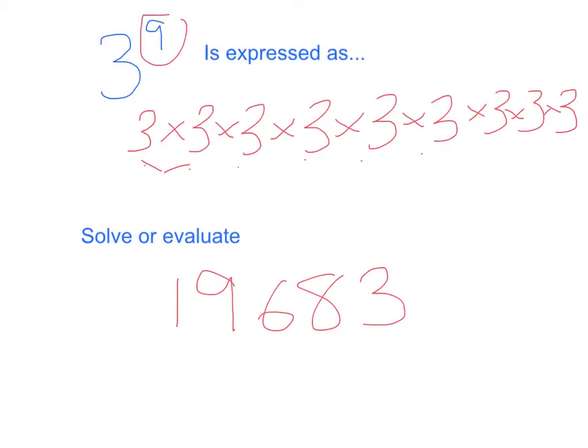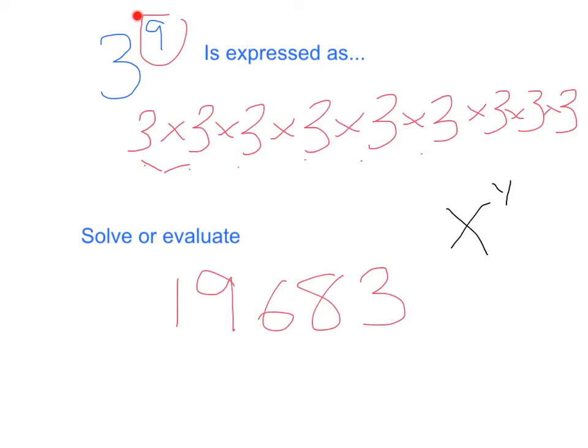Okay, so a little bit of a helpful hint is if you have a scientific calculator, you have a button on your calculator that looks like this. This on your calculator is actually a way of calculating exponents. So the x represents your base and the y represents your exponent.